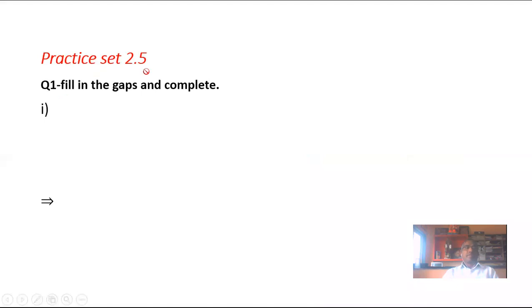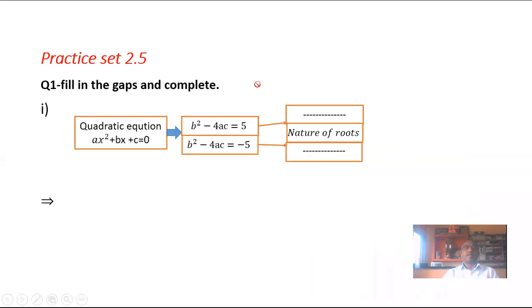Question number 1 in practice set 2.5, fill in the gaps and complete. First question, quadratic equation ax square plus bx plus c is equal to 0. Second box contains b square minus 4ac is equal to 5 and b square minus 4ac is equal to minus 5.